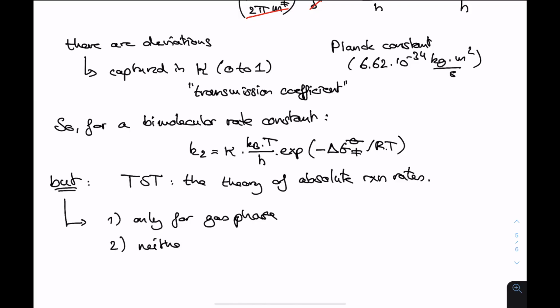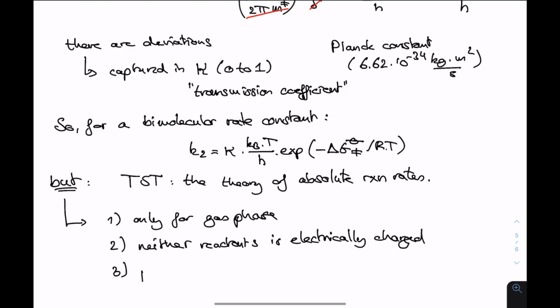Neither of the two reactants is electrically charged. So the theory breaks down if they are charged.